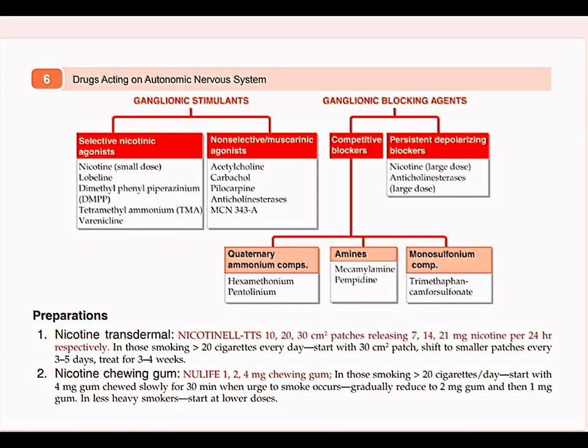So we can see here our next classification, that is ganglionic stimulant and ganglionic blocker agents.